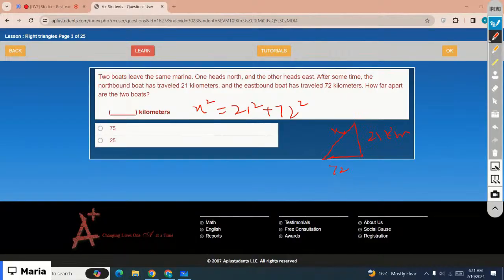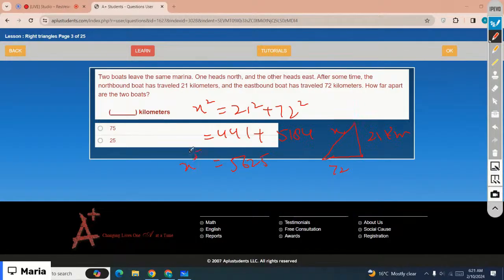21 squared is 441 and 72 squared is 5184. Just add 5184 plus 441, that is 5625, right?